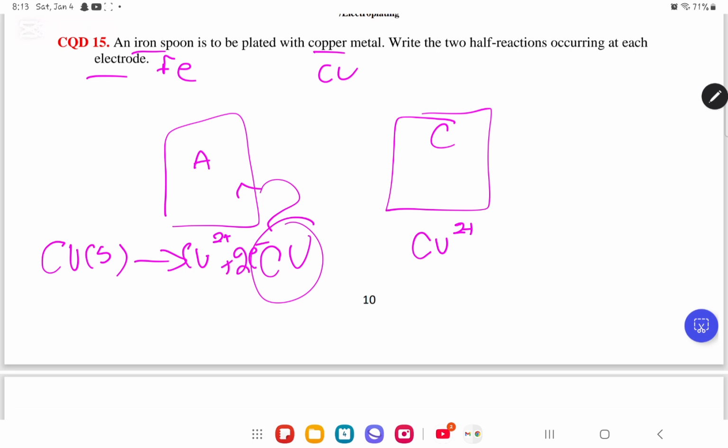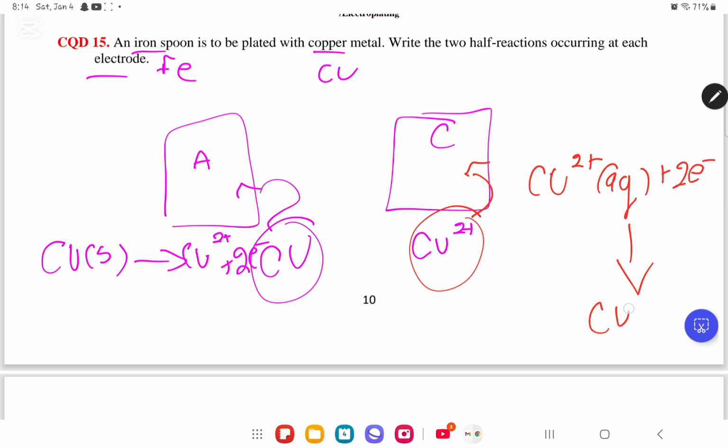So it goes to the anode to give electrons, whereas the Cu2+ will go to the cathode to gain electrons. So the equation becomes Cu2+ aqueous in addition to 2 electrons will give us Cu solid.